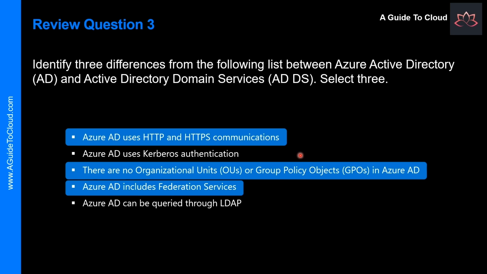Instead, Azure AD uses REST API over HTTP and HTTPS. Azure AD users and groups are created in a flat structure, and there are no organizational units or group policies, while Azure AD includes federation services and many third-party services such as Facebook, LinkedIn, etc. And ADDS supports federation as well.